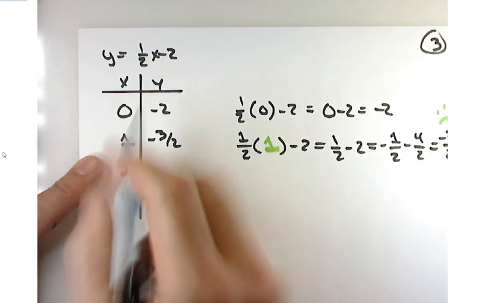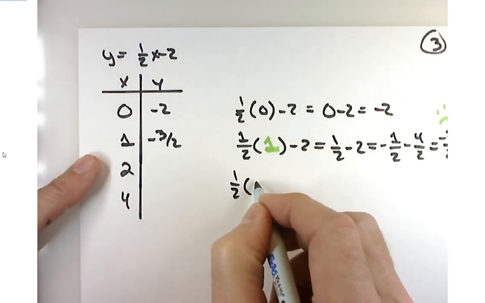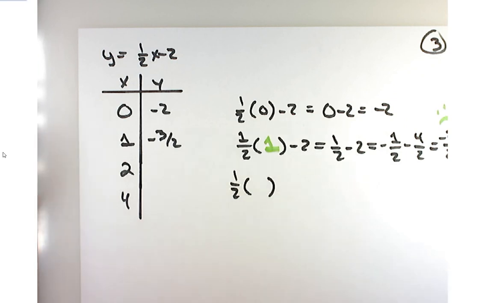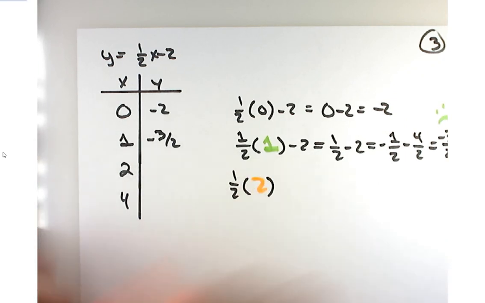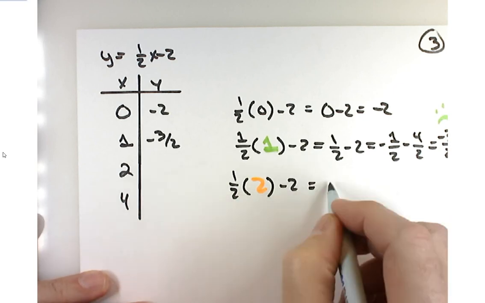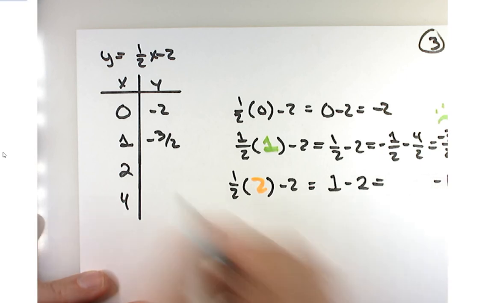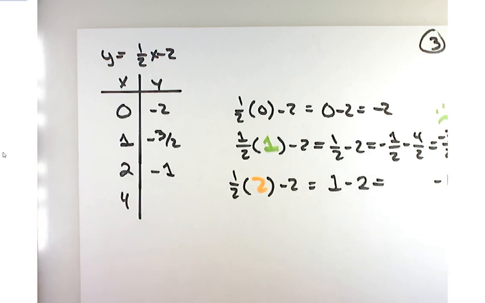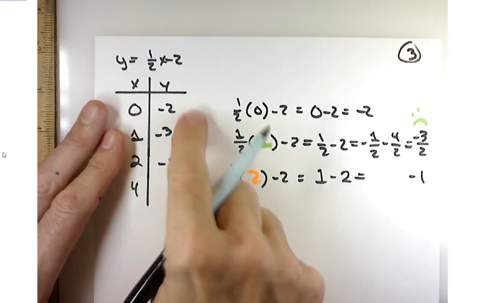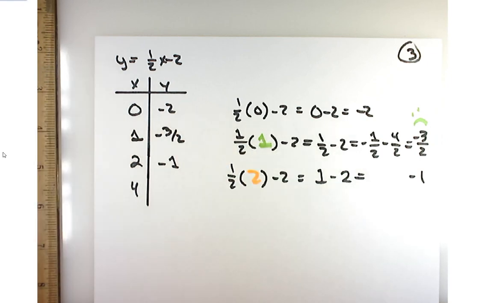So if I put in a 2 here, you get 1/2 of 2 minus 2, which would be 1 minus 2, which is -1. All right, that gave me a nice even number. Now sometimes when you do these things, I'll ask for a couple special points.